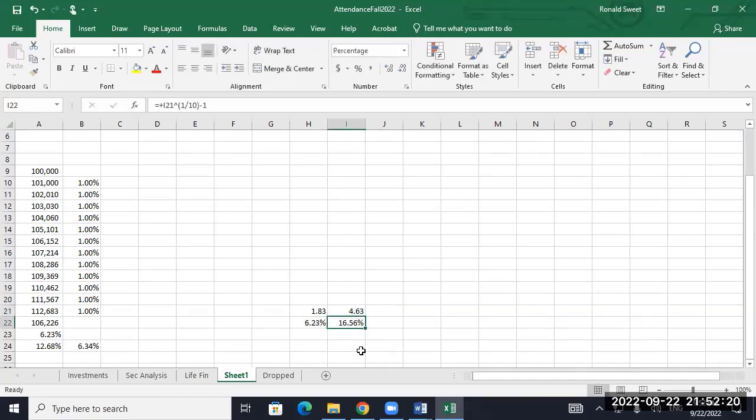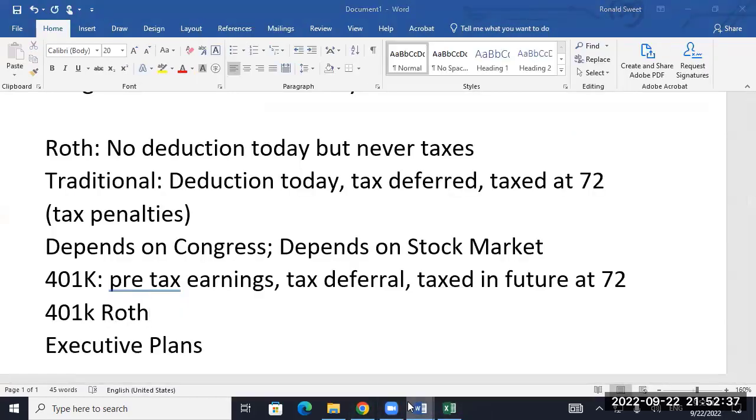The market was up 16.5%. You made 6.23% on an annual basis. You're not making 100, and they're telling you you're getting 100% participation. And you're only getting 6.23% versus 16.